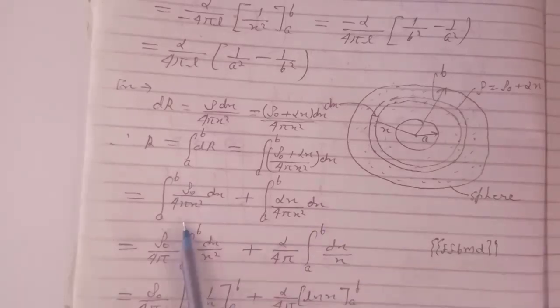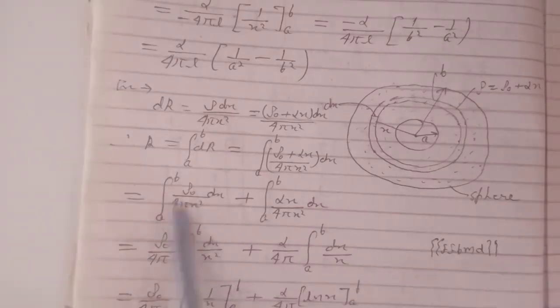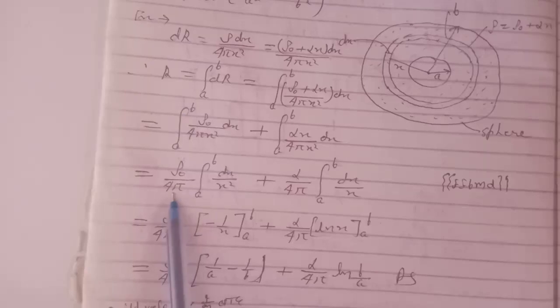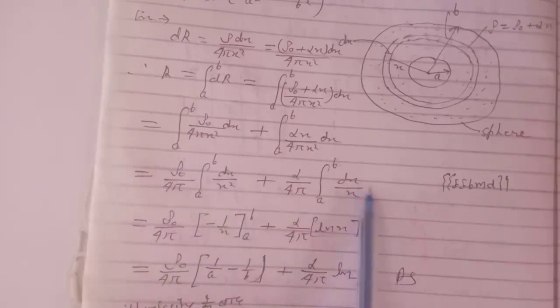Now these are constant, so rho naught by 4 pi, a to b dx by x square, and again this is constant, alpha by 4 pi, and x cancels, so 1 x will be left, a to b dx by x. So we get rho naught by 4 pi a to b dx by x square, alpha by 4 pi a to b dx by x.